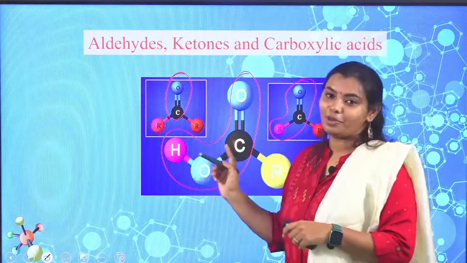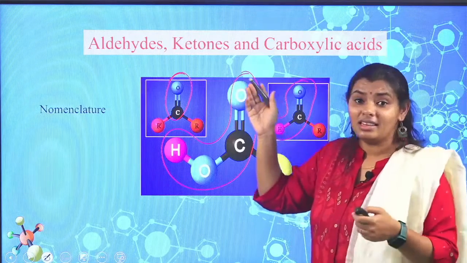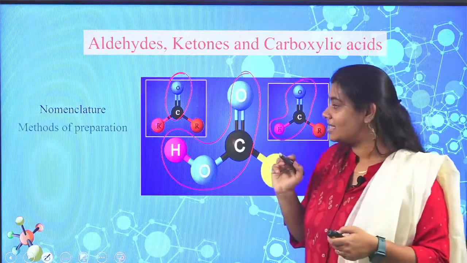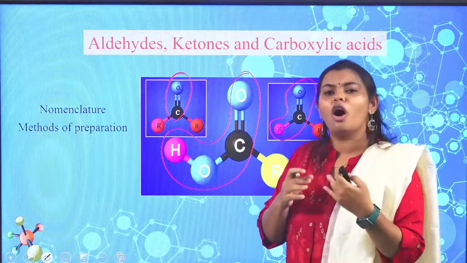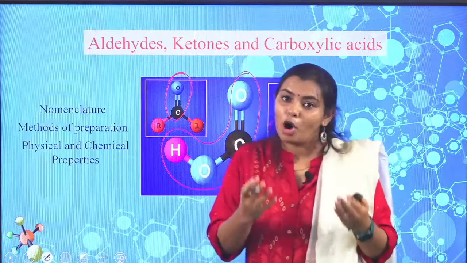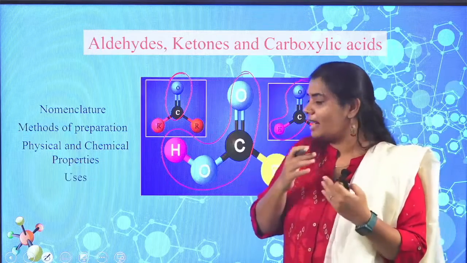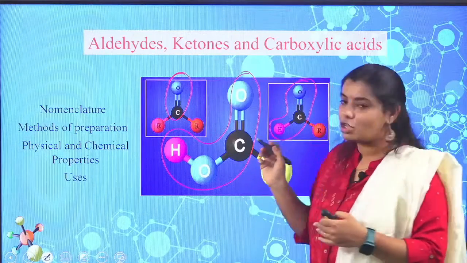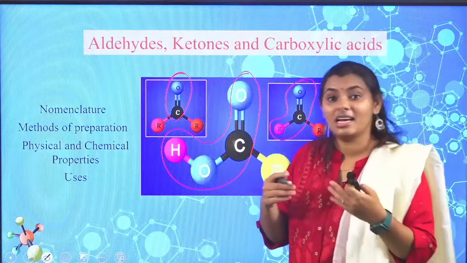So in this chapter, the same as the previous chapter, the classification we will find out between the aldehydes, ketones and carboxylic acids. Methods, classification and nomenclature, methods of preparation, how these compounds are being prepared, physical and chemical properties like your boiling point, melting point, solubility, and the uses. So what are the uses of each of these, like uses of aldehydes, ketones, carboxylic acids in our day-to-day life.